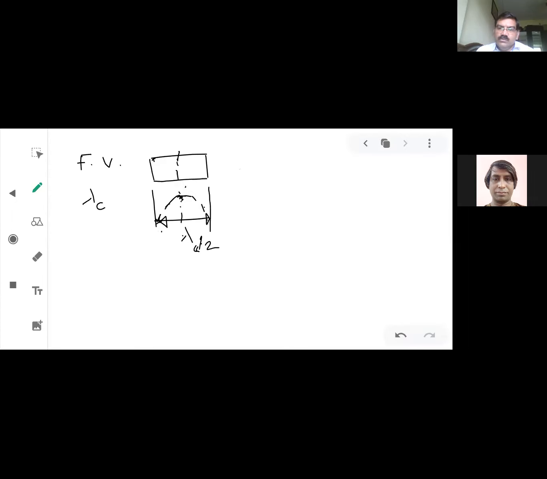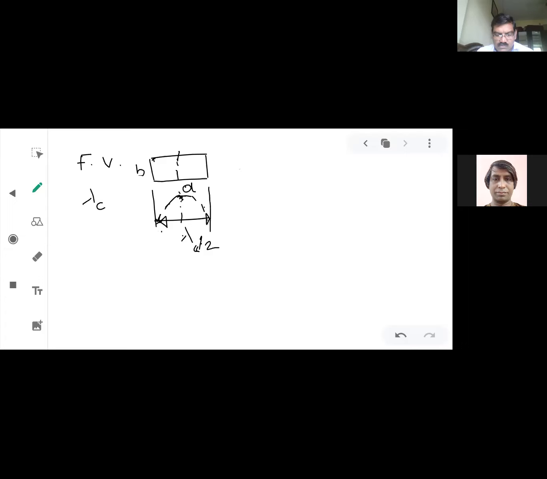Okay. Now, in the technical field, this dimension is named as, this is called B, and this is called A. Means the width of the waveguide is represented with the alphabet A, and the height of the waveguide is represented with the alphabet B. Okay.